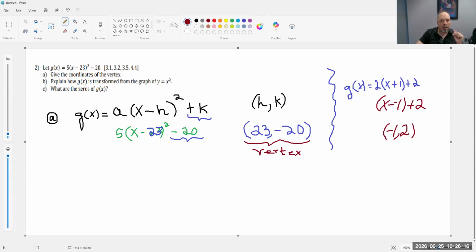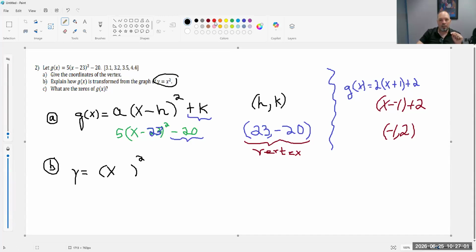Okay, now as far as part B, it says explain how g of x is transformed from this original parent function. So the way I would think about it is I would notice that if the parent function is y equals x squared, there's a couple of things that are happening.